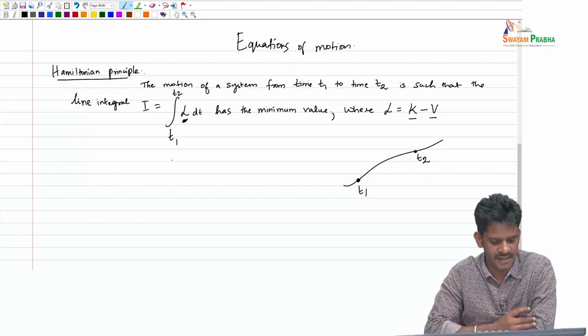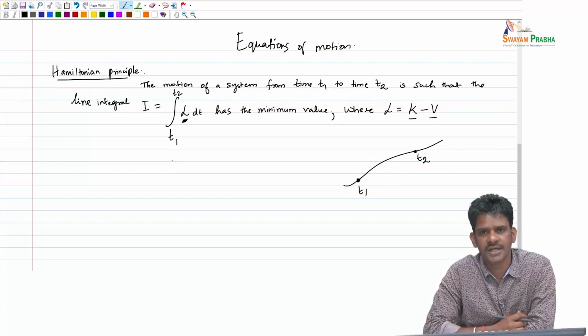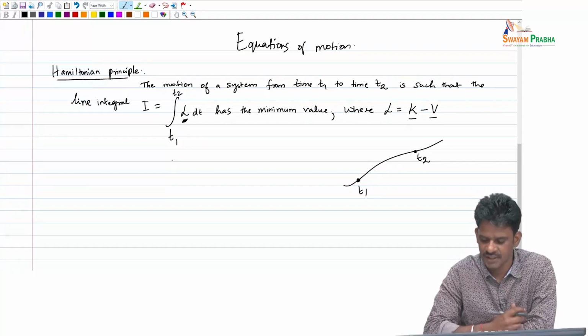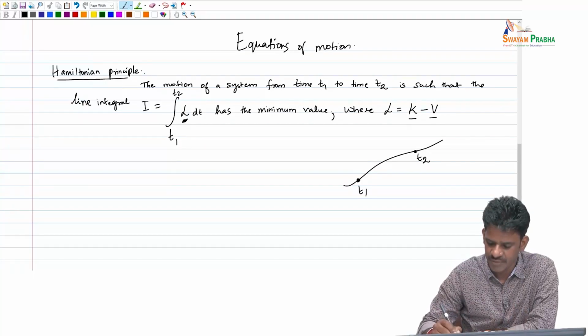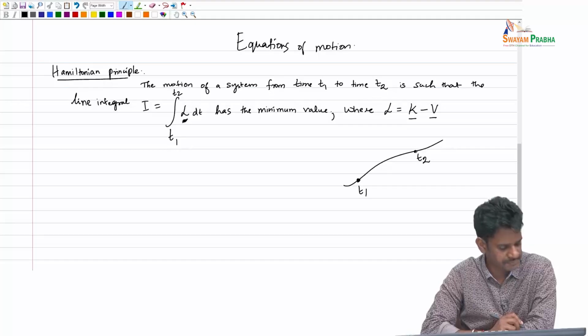That is the Hamiltonian principle. From this, we can derive the equation of motion, that is, the path by which a particle will move from time t1 to t2.